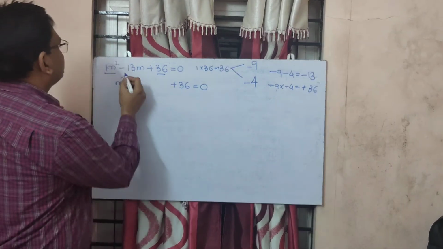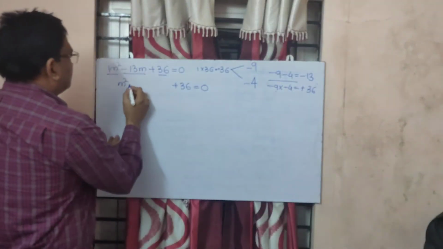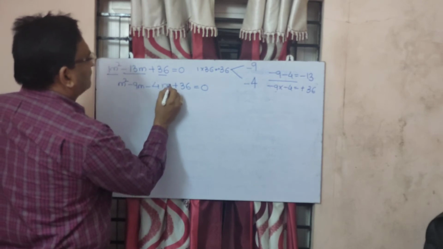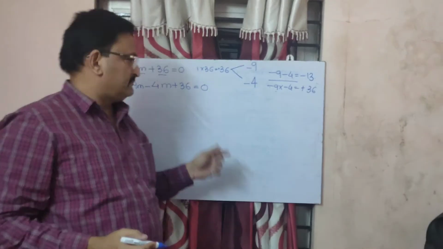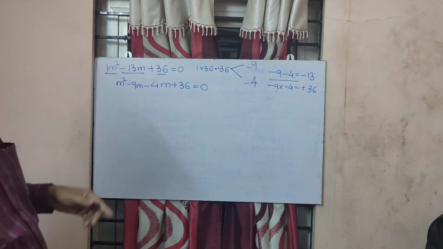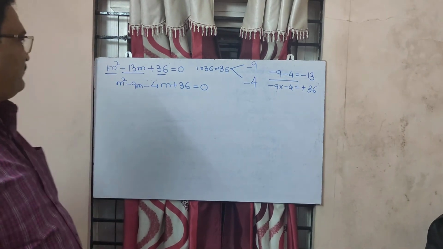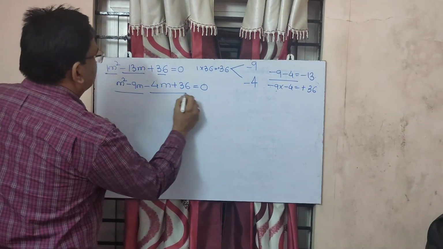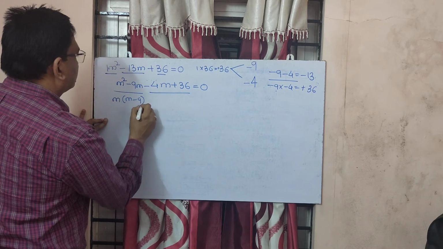Now in place of minus 13, just remember these two numbers: minus 9m minus 4m, plus 36. We have just split the middle term. Now what is common here? m is common, so m into m minus 9.